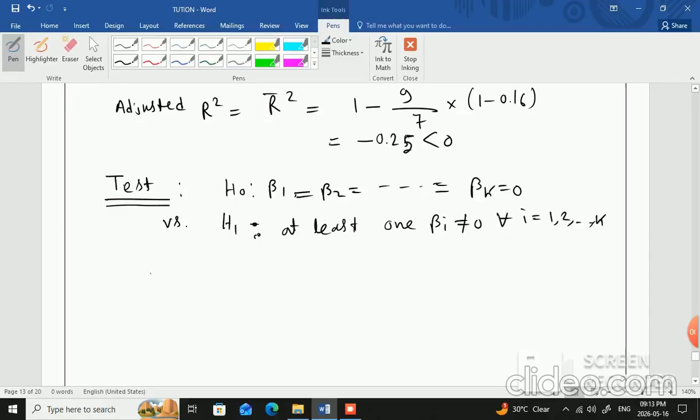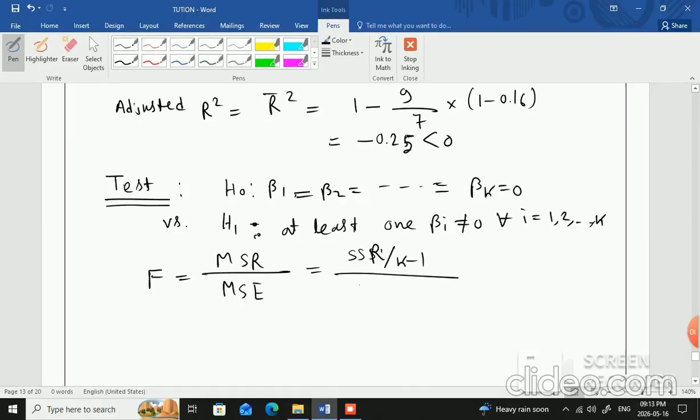Here test statistic is the F, mean square regression by mean square error. We can write mean square regression, sum square regression by k minus 1, and mean square error, sum square error by n minus k, that is n minus k by k minus 1 SSR by SSE.